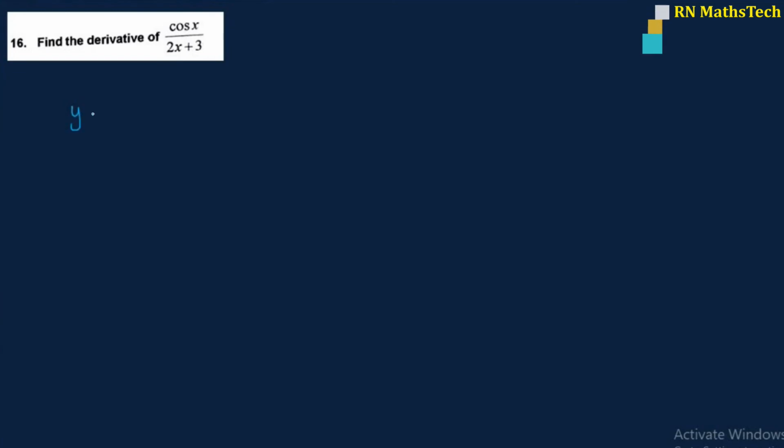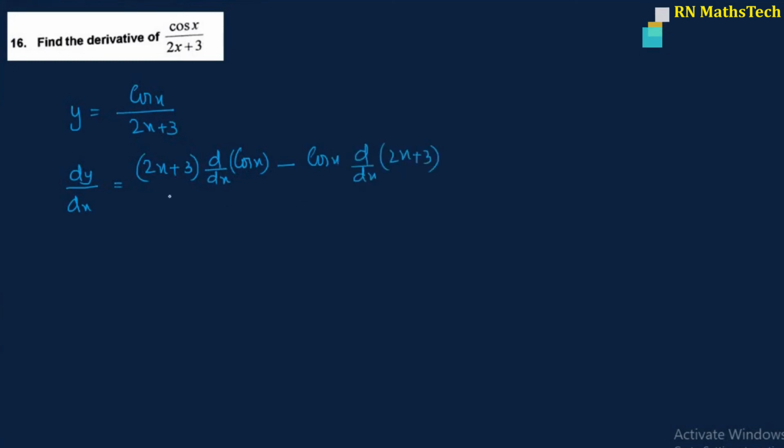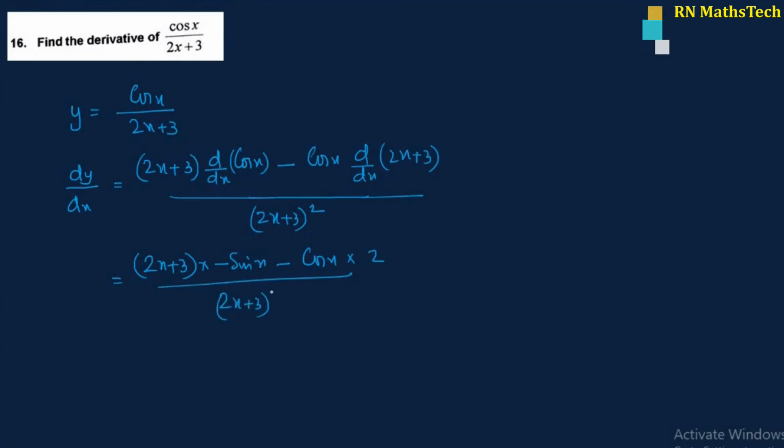find the derivative of y is equal to cos x divided by 2x plus 3. dy by dx is equal to denominator into derivative of the numerator minus numerator into derivative of the denominator, the whole divided by denominator square, equal to 2x plus 3 into cos x derivative is minus sin x minus cos x into derivative of 2x plus 3, that is 2 into derivative of x is 1, that is 2 into 1 plus derivative of 3 is 0, so here it is 2, by 2x plus 3 the whole square.